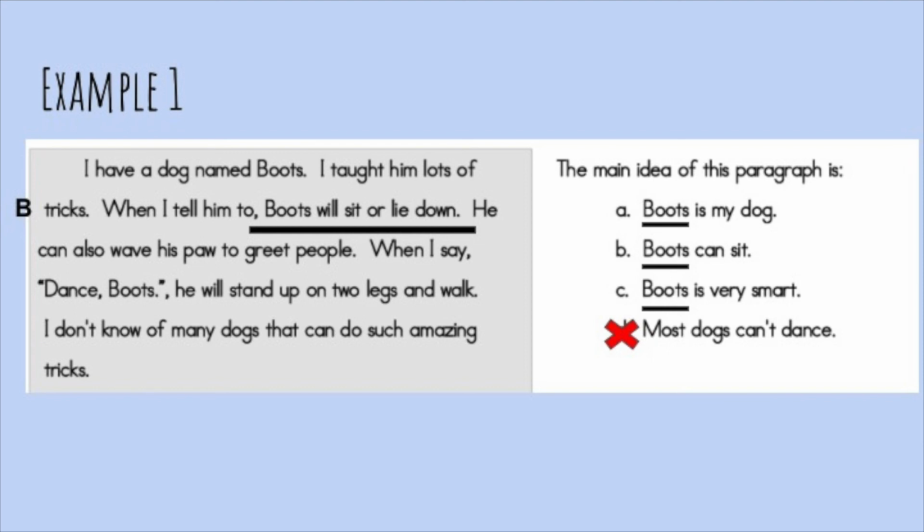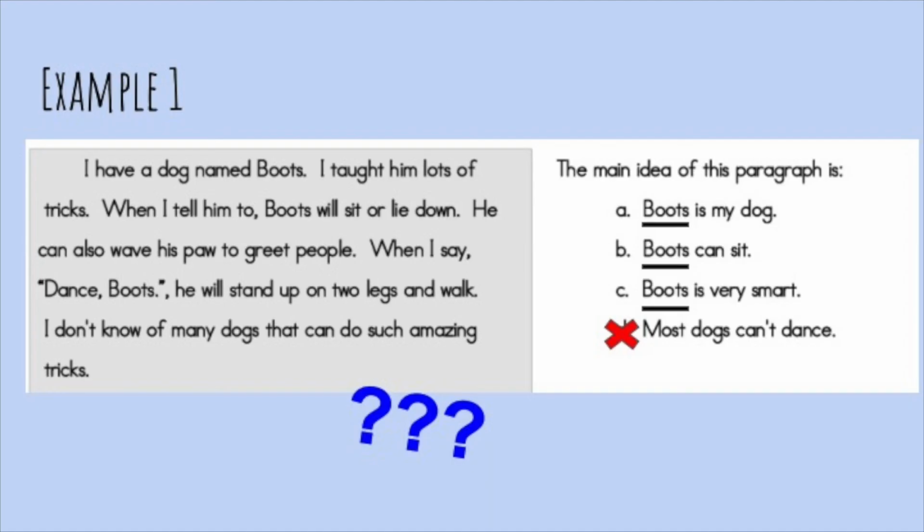Though this is also true, the whole story isn't about Boots sitting. So this leaves us with option C. C states, "Boots is very smart." Does the story say that explicitly? No, it actually doesn't. Let's see if we can find details to support this as the central idea.